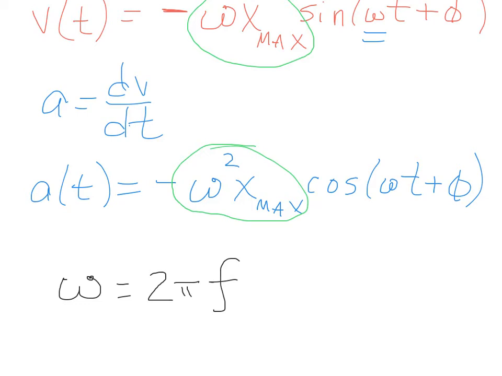That's what we call f, oscillations per second. When we multiply that by 2 pi, then we get the angular frequency. It's important that we have the angular frequency inside the cosine and sine functions so that they will repeat themselves at the appropriate time, because a traditional sine and cosine without any omega in there would have one period be 2 pi. So that's the reason for the 2 pi on there.